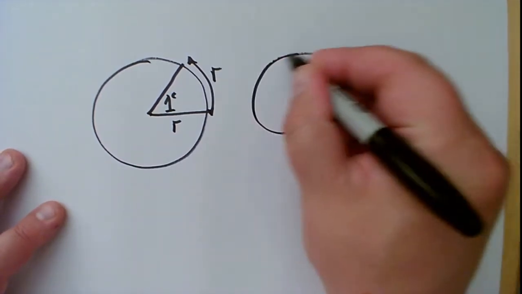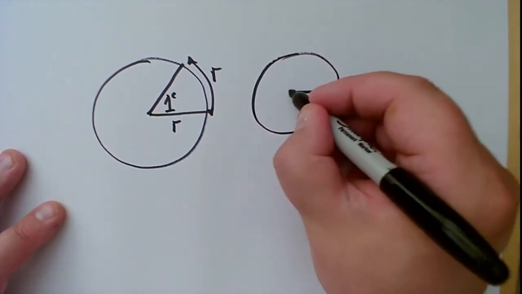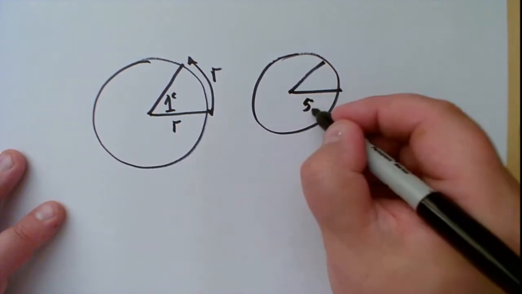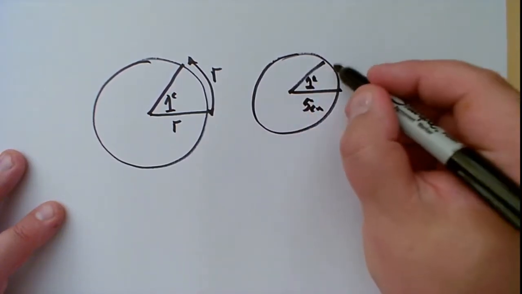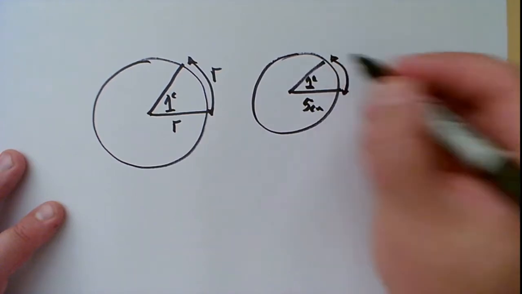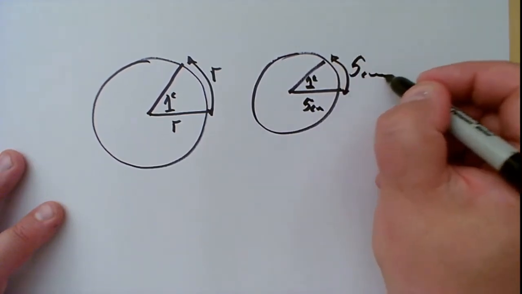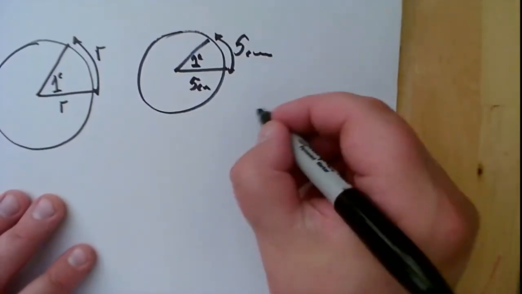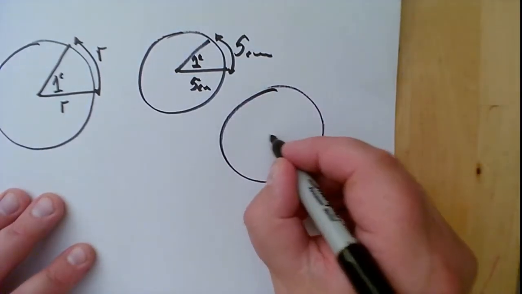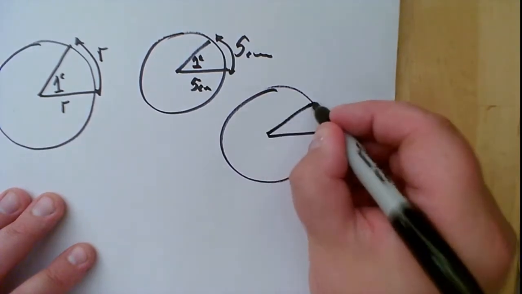Your maths becomes very, very easy from then on. So if this was 5 centimeters and this was 1 radian, then you can work out that arc length very, very simply. It's just 5 centimeters. That's what the definition of 1 radian is. And in fact, it's not too difficult to get a definition for any angle.